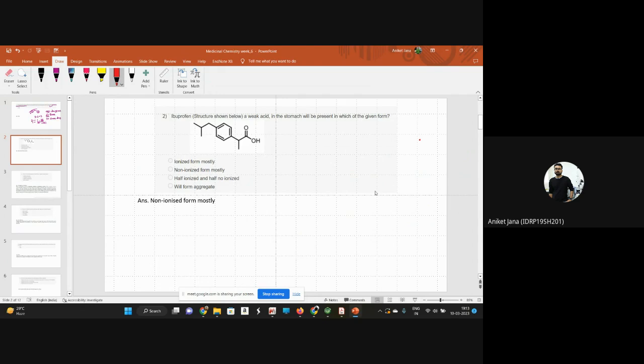So what is provided in our question: ibuprofen, a weak acid in the stomach, will be present in which form? Ionized form mostly, non-ionized form mostly, half ionized and half non-ionized, or will form aggregates. So what is the answer?